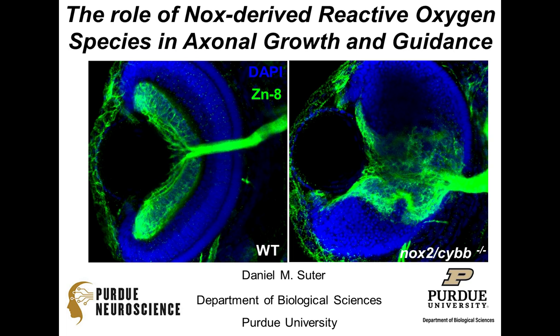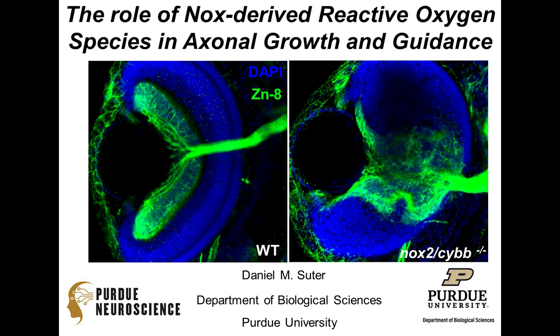My lab overall is interested in understanding the basic cellular and molecular mechanisms of nervous system development and regeneration. In this project specifically, we look at the role of Nox-derived ROS in nervous system development in two model systems, Aplysia californica and zebrafish.